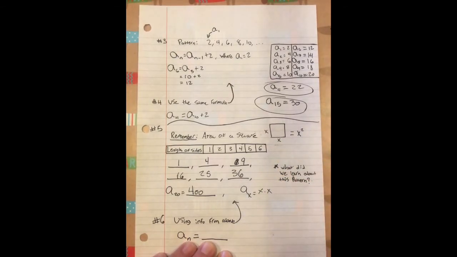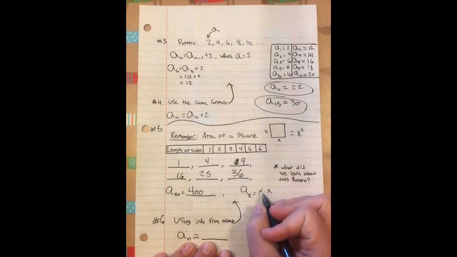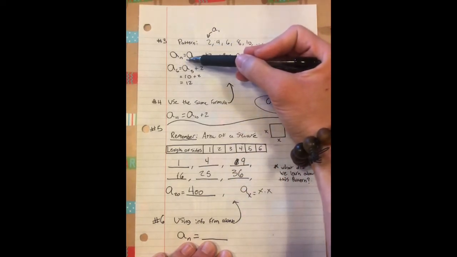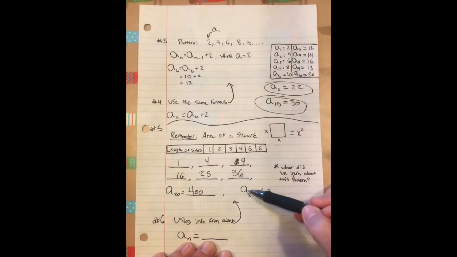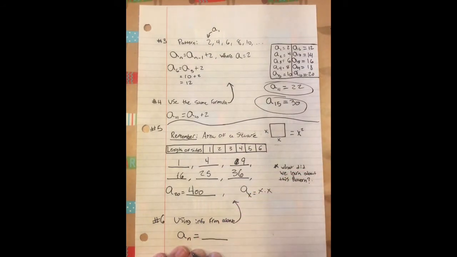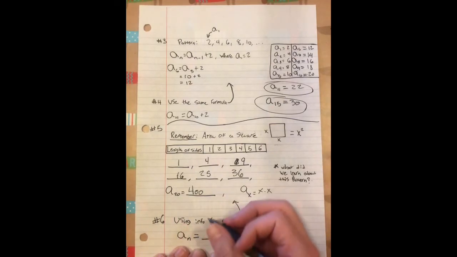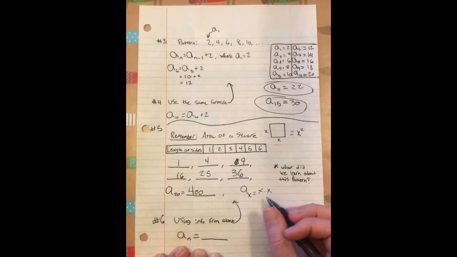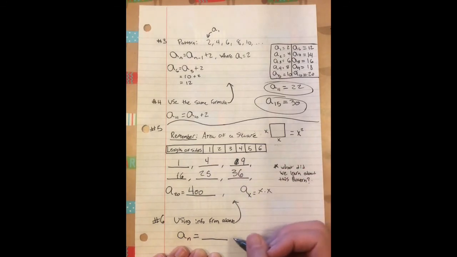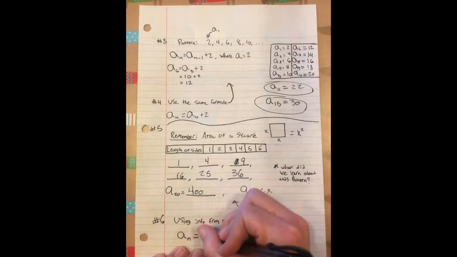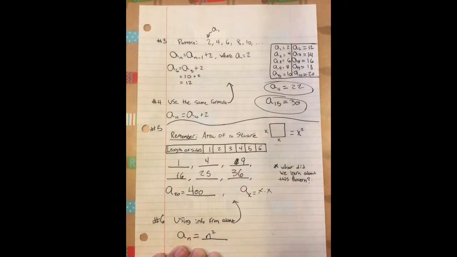Now, you guys are familiar with the x's. We're just substituting out n for x. So if I say, hey, what's the nth term, right? You would say n times n, just like you did all of these. So n times n can be written as n squared.